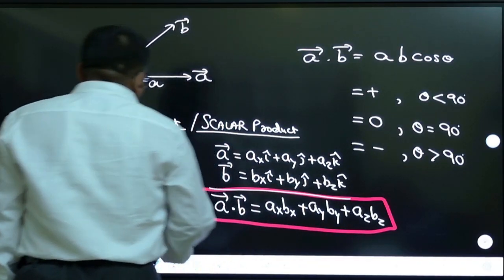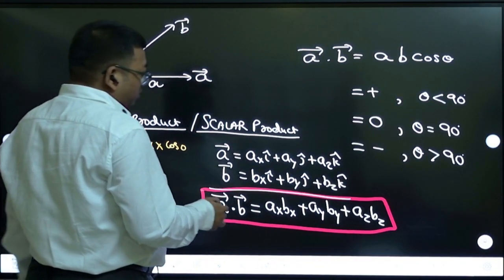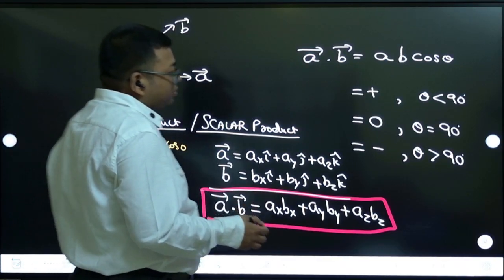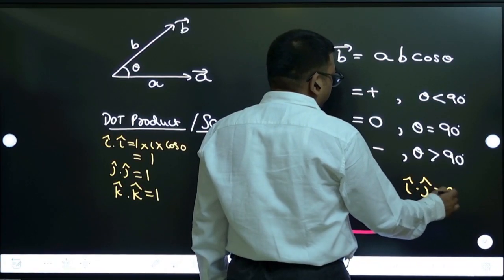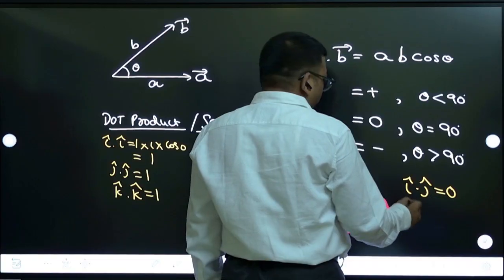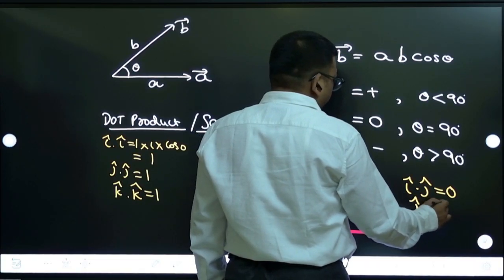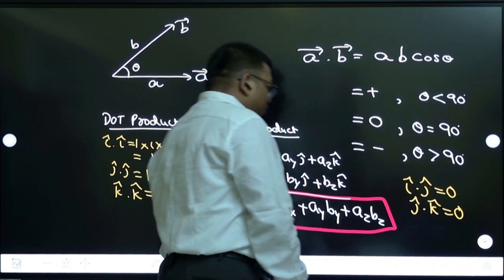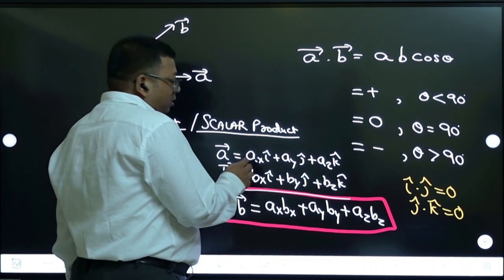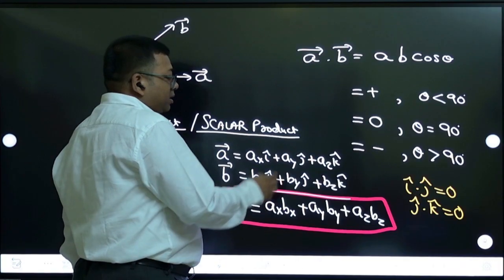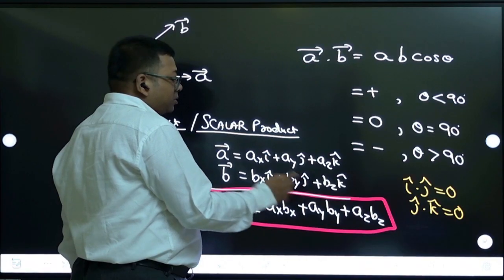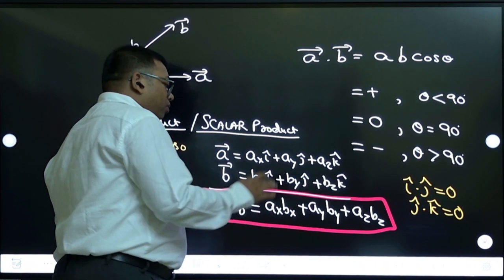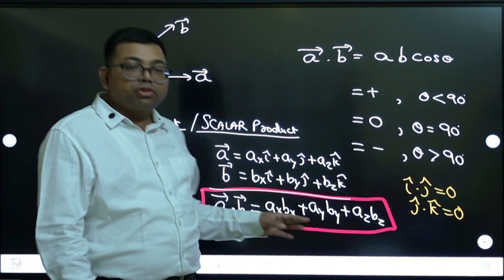And if you take other vectors, for example i dot j, this is 0 because they are perpendicular. j dot k, that is also perpendicular, 0. That is why you will see that only i components are multiplied, j components are multiplied, k components are multiplied, because i and j will give 0, i and k will give 0, all other combinations will give 0.